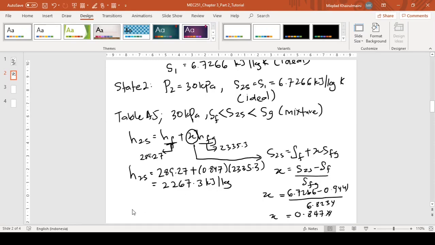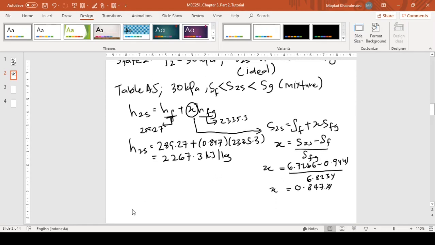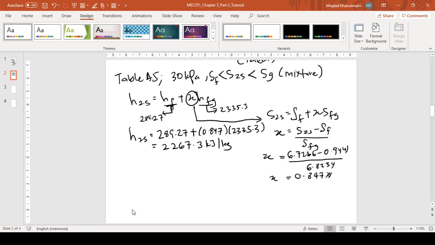To find the actual specific enthalpy, we have to relate it with the isentropic efficiency. We know that the isentropic efficiency of the turbine is 0.9, and we have seen the equation just now that 0.9 equals (h1 minus h2a) over (h1 minus h2s).